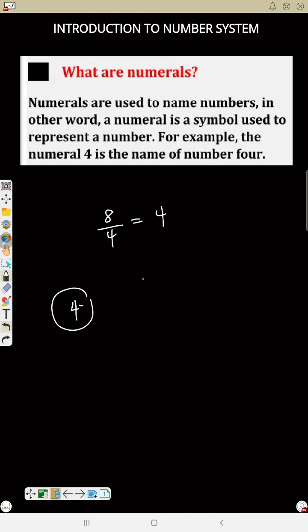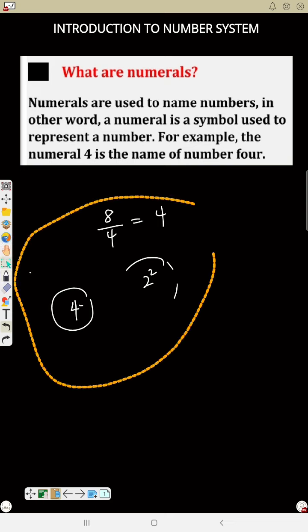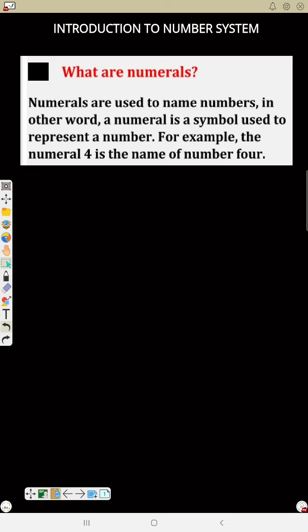So if I like, I can say this is also 4. This is a symbol to represent 4. So numerals are used to name numbers. A numeral is just a symbol used to represent a number. So any symbol you use to represent a number is a numeral.